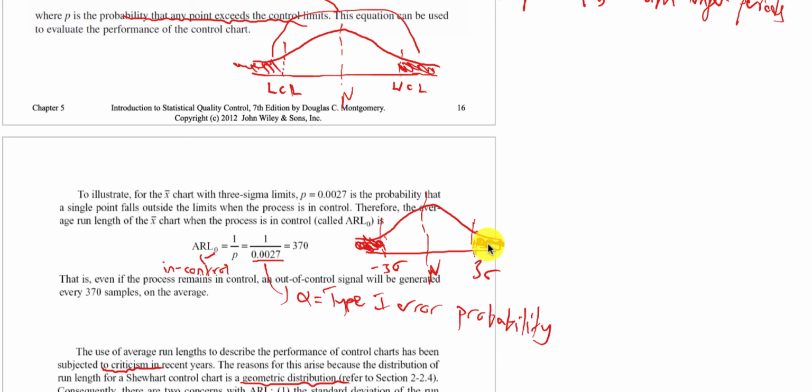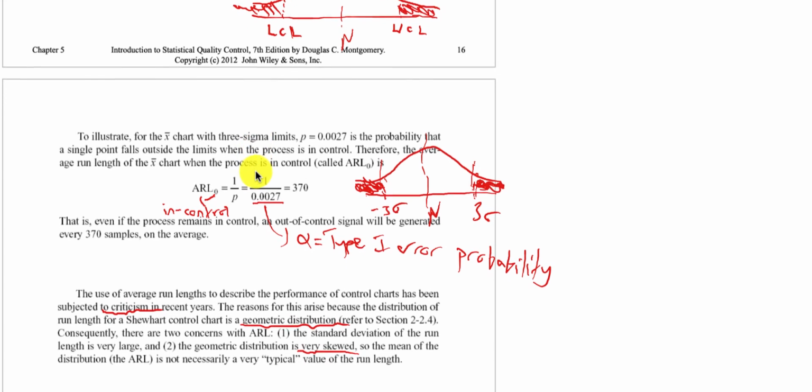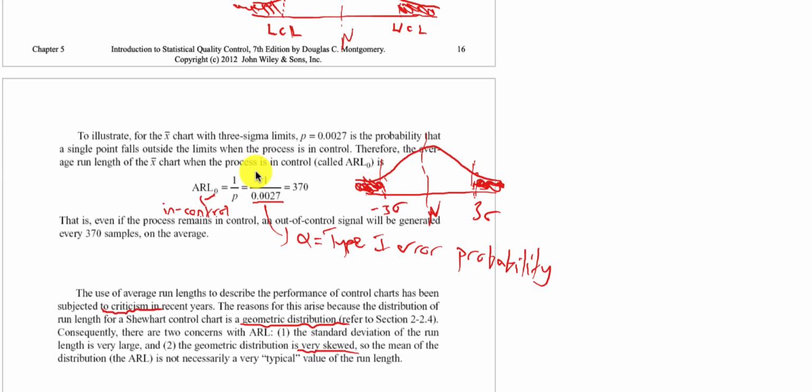So we say that in statistical control processes, if the process is in control, the average run length will be 1 over p, and p in 3 sigma levels is 0.027. So for the 3 sigma levels, the shaded regions here and here, if we add up these regions, the probability we have is actually the type 1 error probability alpha.